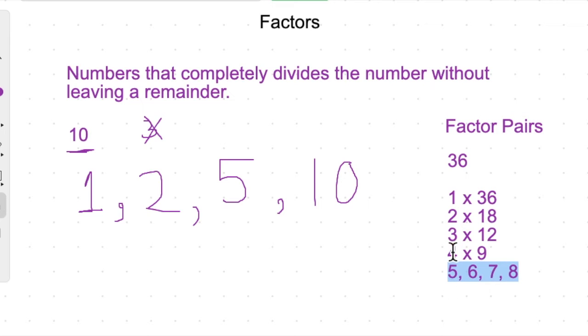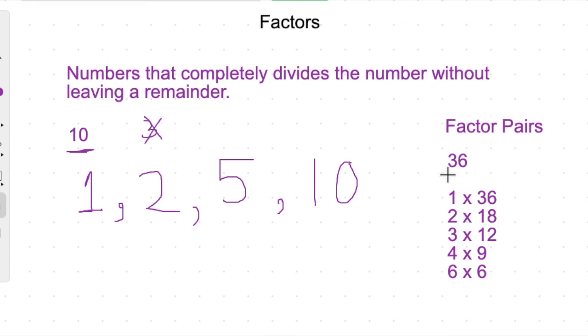So we know that 36 doesn't come in the table of 5. So let me just erase this 5. Now does it come in the table of 6? Yes, it does. It is 6 times 6. And when we have found the 6 times 6, these possibilities are also gone.